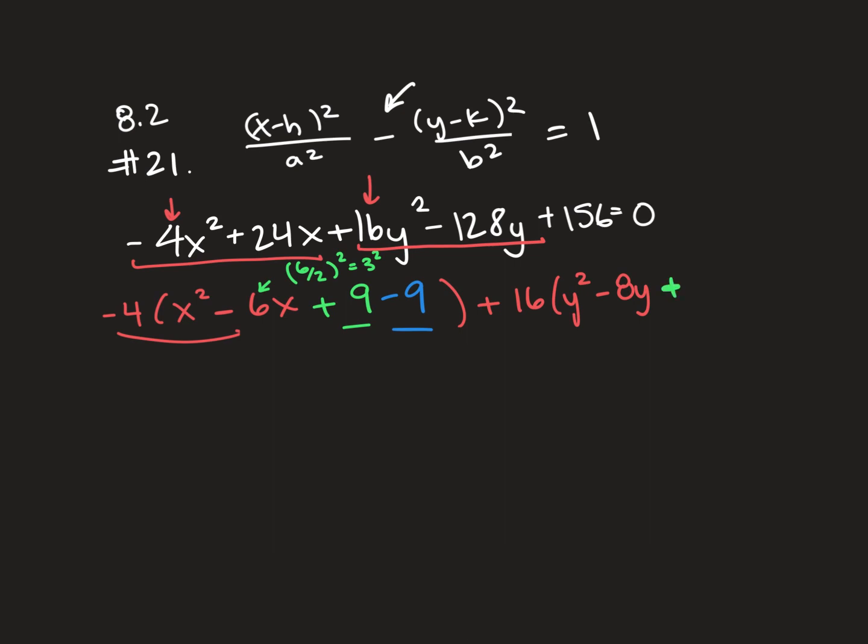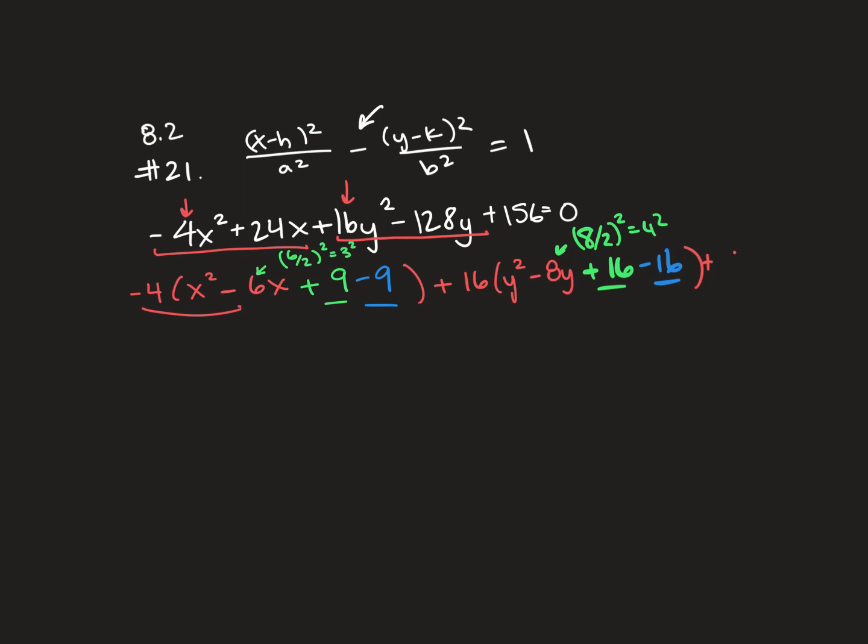We're going to add 16, because again, half of 8, or 8 divided by 2, however you want to write it, and then squared would be 4 squared, which is 16. And then we're going to write minus 16, again, to undo that, just so it doesn't change the value. And we still have plus 156 equal to 0.